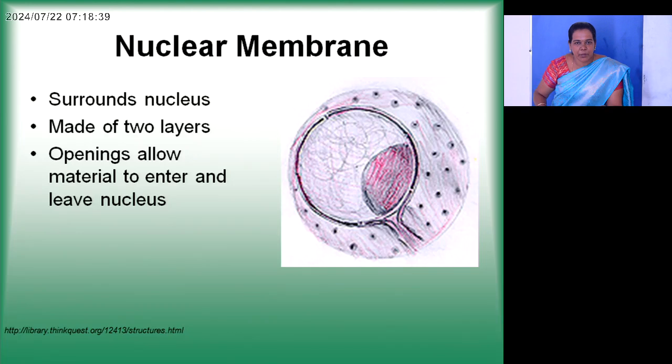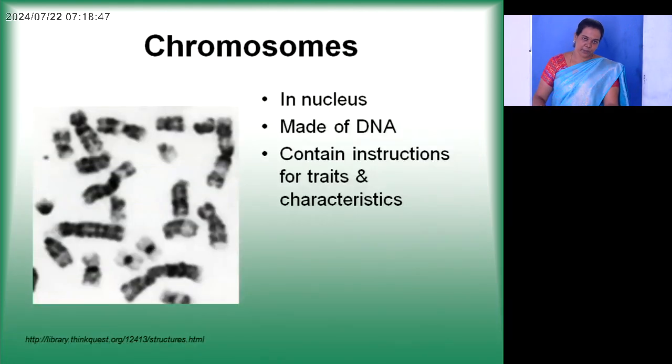Next one is the nuclear membrane. The nucleus is surrounded by the nuclear membrane, which is double layered and allows the materials to enter and leave the nucleus. And the next one is chromosome. In a bacterial cell, the DNA does not have any structural organization; it is just present in the cytoplasm.